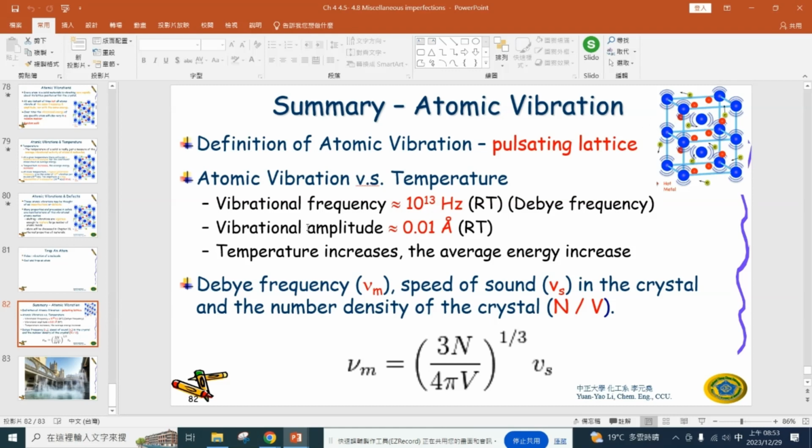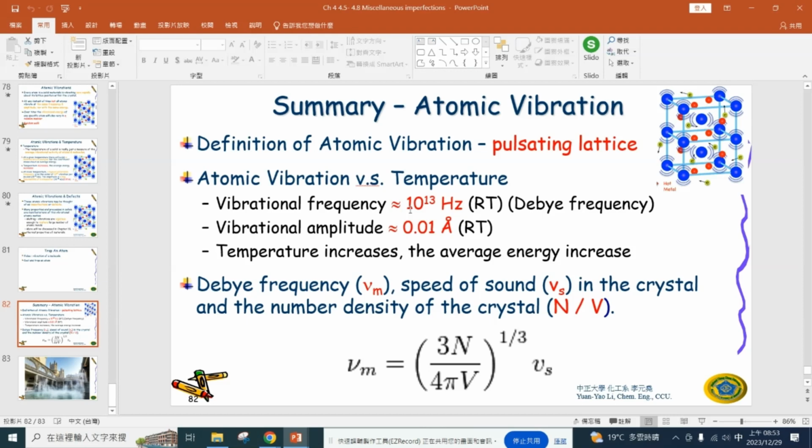Atomic vibration is related to the temperature. At room temperature, generally, the vibration frequency is about 10 to 13 hertz. That means 10 to 13 vibrations per second. So this is the frequency. How about the amplitude? The amplitude is about 0.01 angstrom.